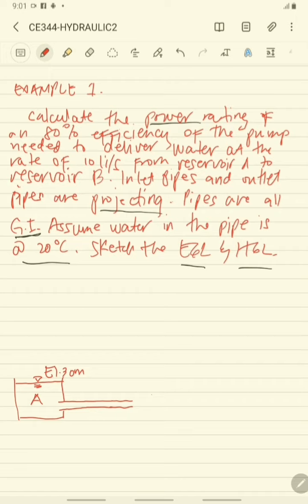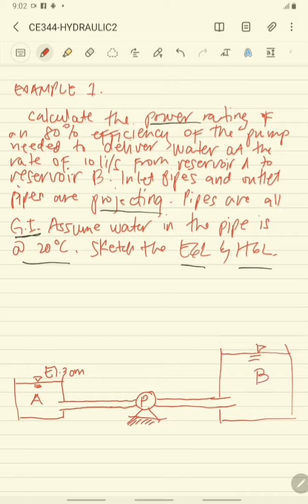Then you have a pump, because as I've said, you need a pump to add head in order to deliver water from a lower elevation to a higher elevation. Then we have another projecting pipe, which will deliver water from reservoir A to reservoir B, and the elevation of this one is 40 meters.